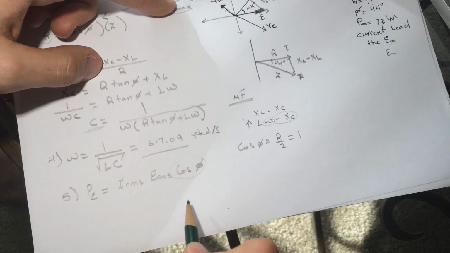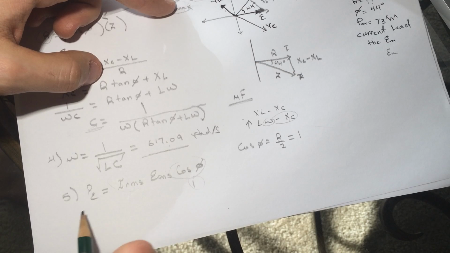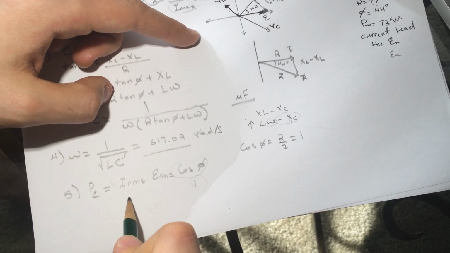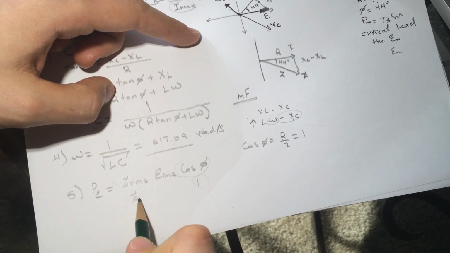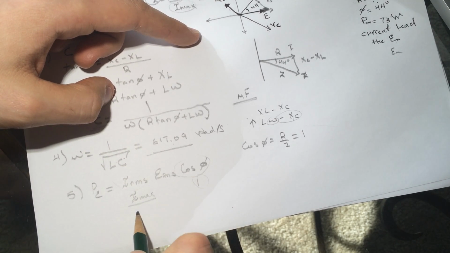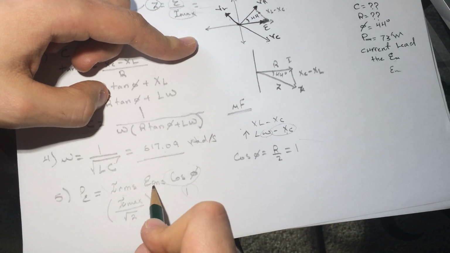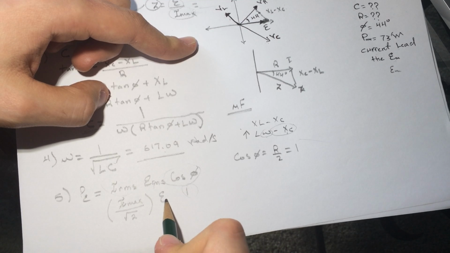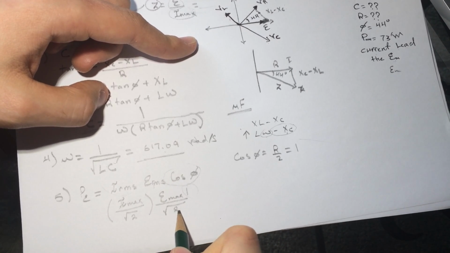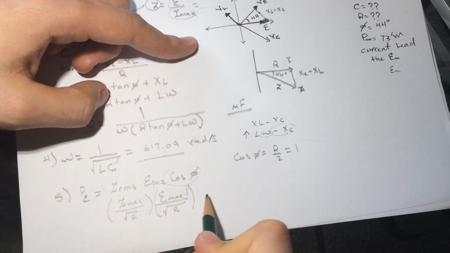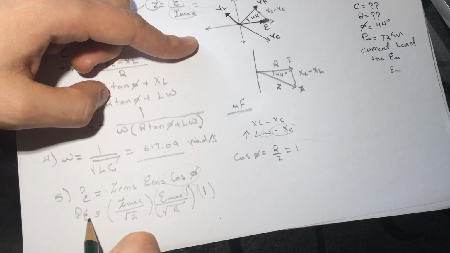So this one is 1. That's why it's maximum at the resonance. So I max divided by square root of 2 times the V max divided by square root of 2 times 1. And this is power delivered.